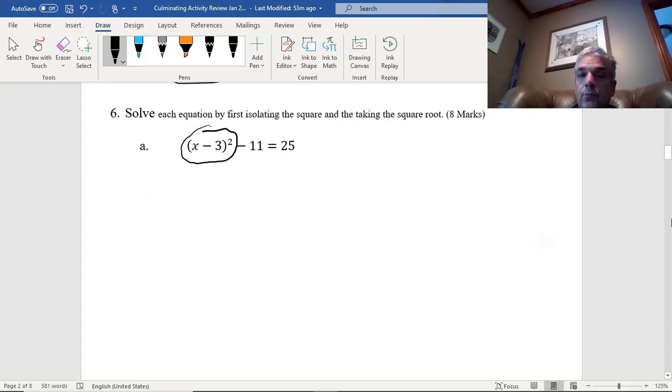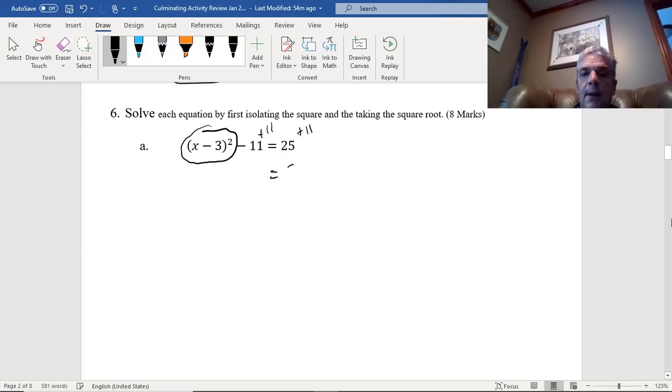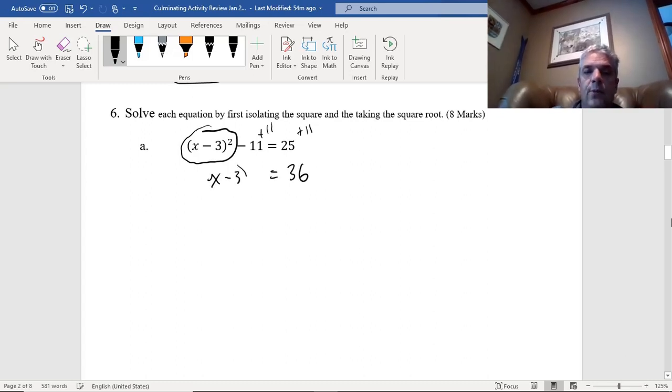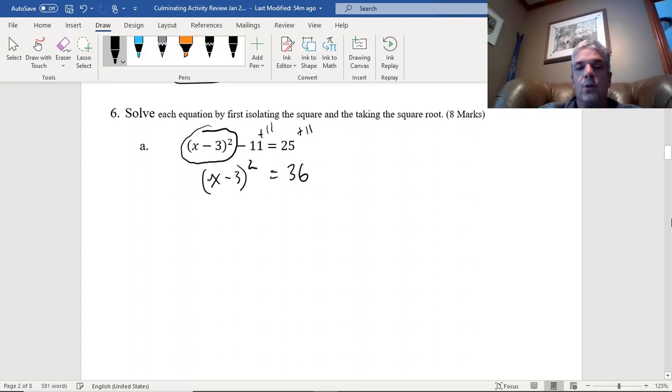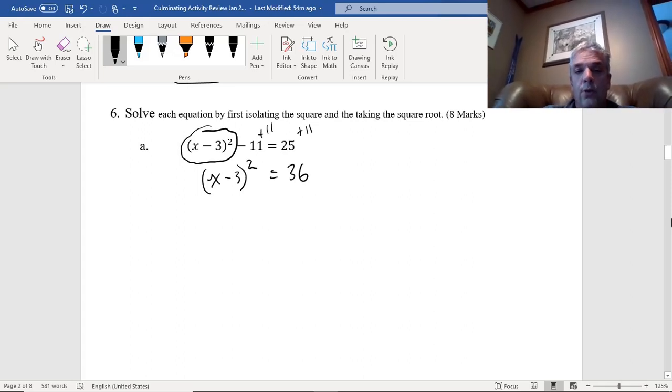Now, what we do is we say that we're going to move the 11 to the other side. That's how we're going to isolate that squared part. So we move 11 here, and we end up with 36. And that leaves us with x minus 3 squared equals 36. Well, what's the next step? Square root both sides.